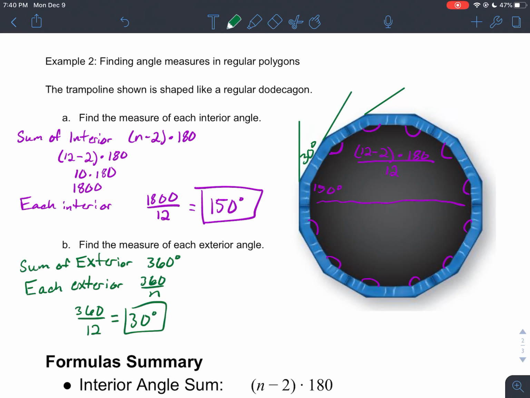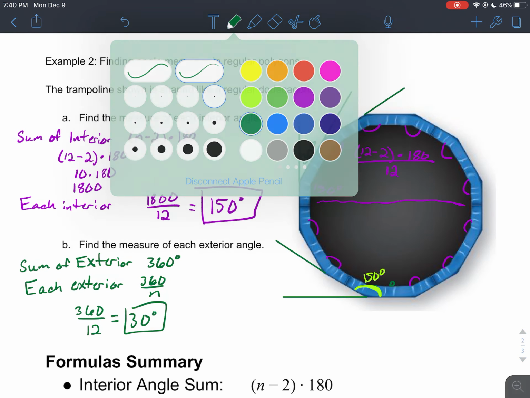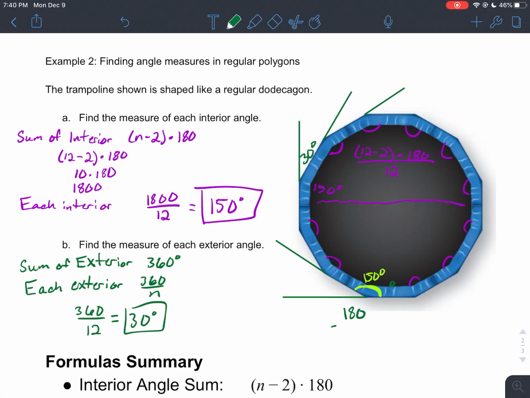So if this is 150 degrees right here, well, 180 minus 150 is 30.